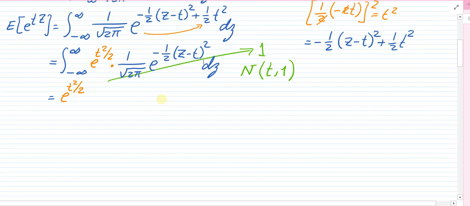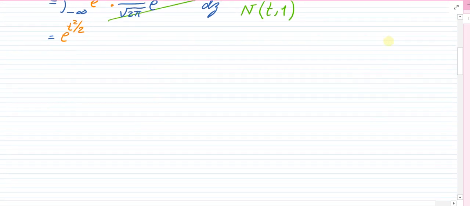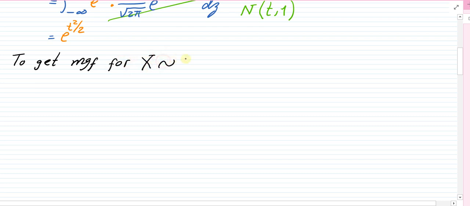Now what I want to do next is derive the moment generating function using this for the general random variable x. So here we go. To get the moment generating function for random variable x that follows a normal distribution with mean mu, variance sigma squared, what am I going to do?